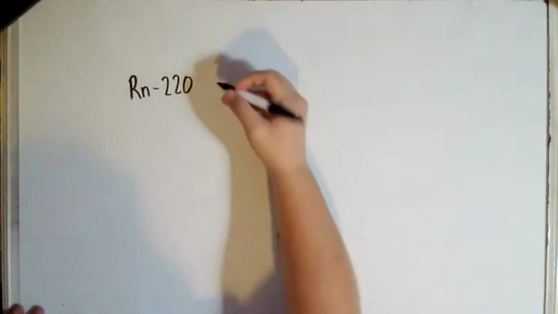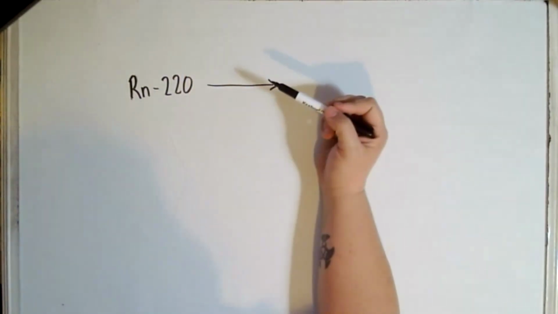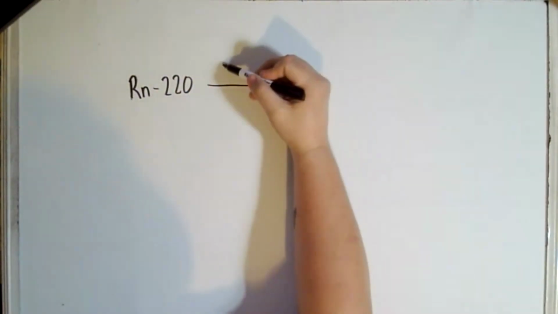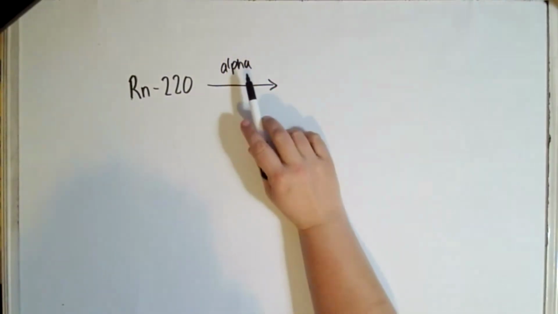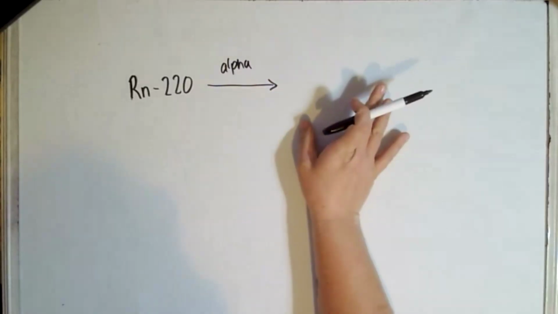Then you can write your arrow. Sometimes it's helpful to indicate the type of decay over the arrow so that you can remind yourself. So this is going to be alpha decay.